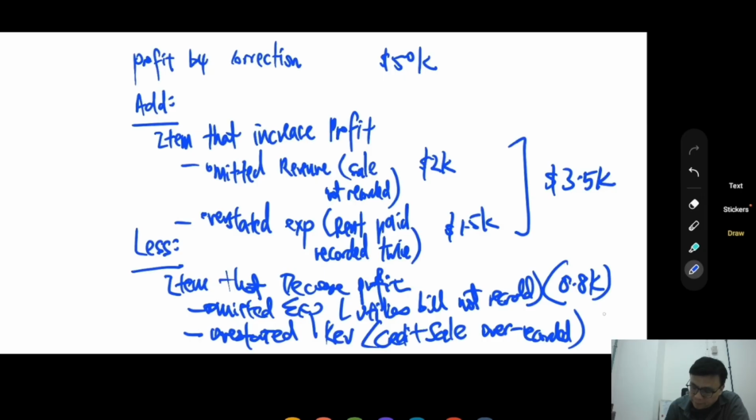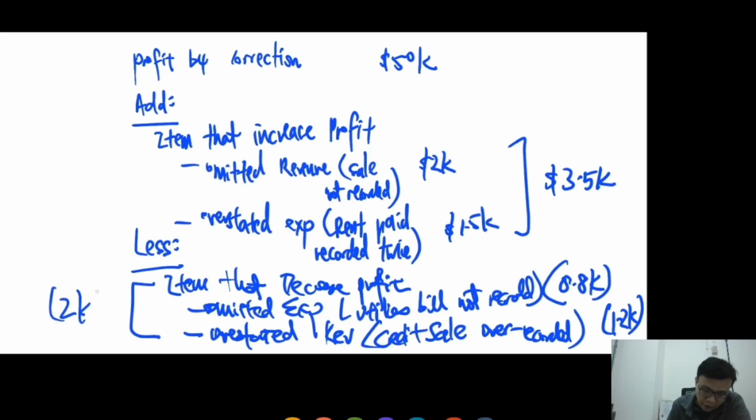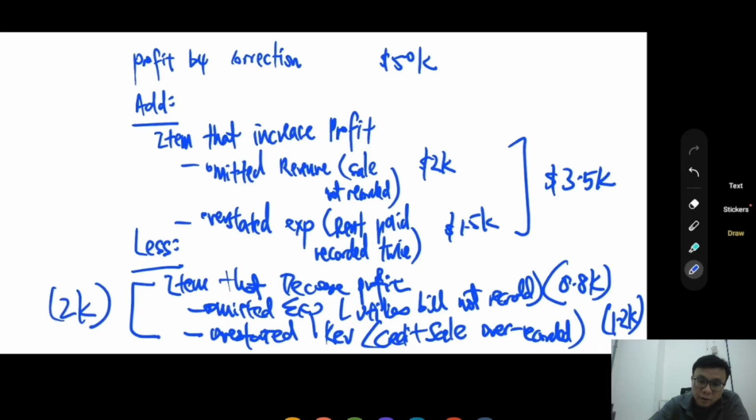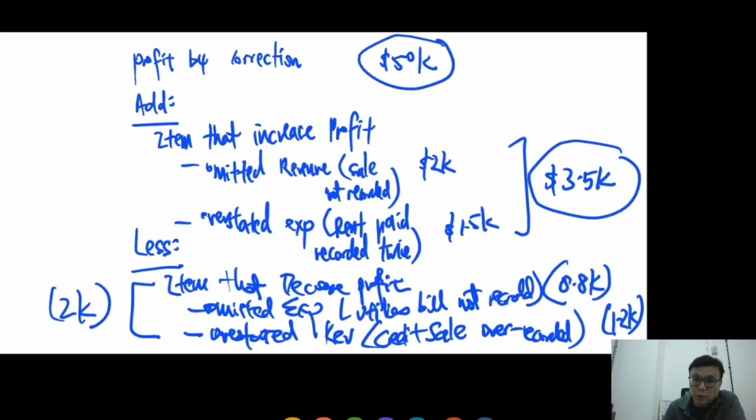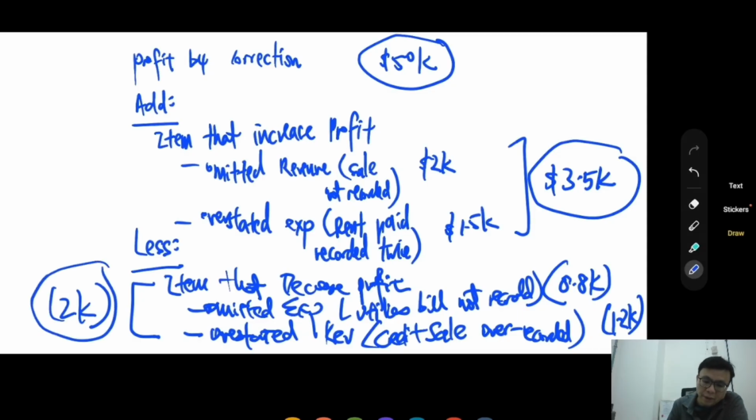Example, 1.2K. So this effect will be 2K, right? So when you start with 50k, you add 3.5k, and then after that you less off 2k, you will be able to derive your correct profit.